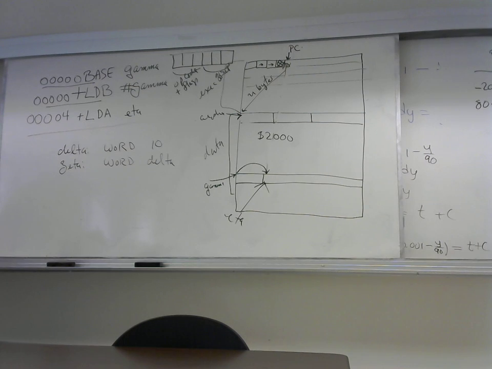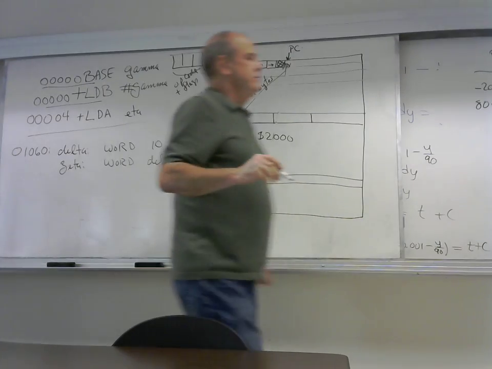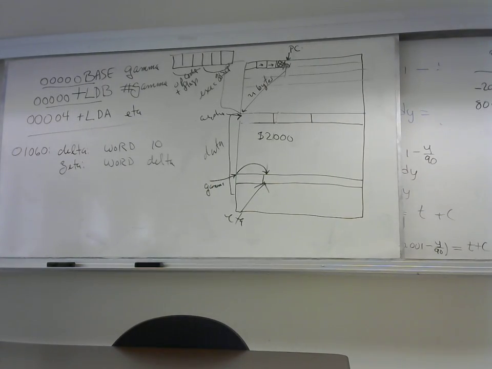Remember, it's really important you remember, this goes in the symbol table. So suppose we have this value. I'm going to make something up again. That's the address, 01060. Okay. So over here you have delta, 01060.